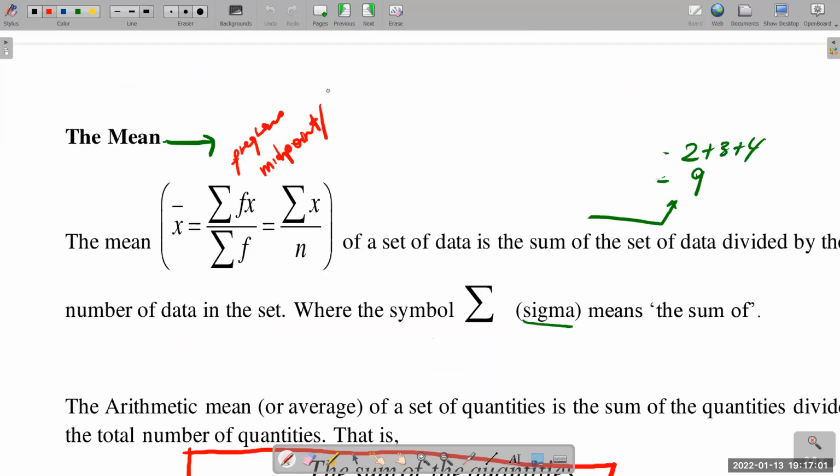Everybody see that? So when it comes to raw data, we use this version. We just find the sum of all the numbers divided by the number of numbers. But when it comes to group data and ungrouped data, we always got to multiply F times X divided by the sum of F. Everybody seeing it now?